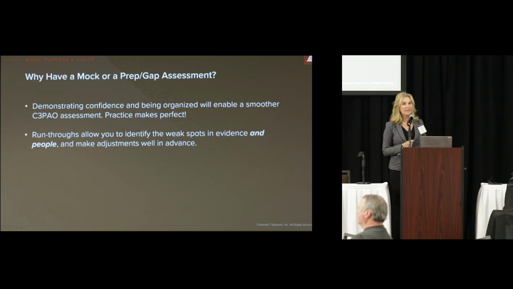The run-through is going to allow you to identify two things: weak people, weak evidence. The people part of that is super important. And Mike had alluded to that, about that sometimes a CIO will say, I'm gonna talk through this on behalf of my company because I'm the one ultimately responsible. I don't know about you guys, but most CIOs are not really in touch with the day-to-day operations of the business.